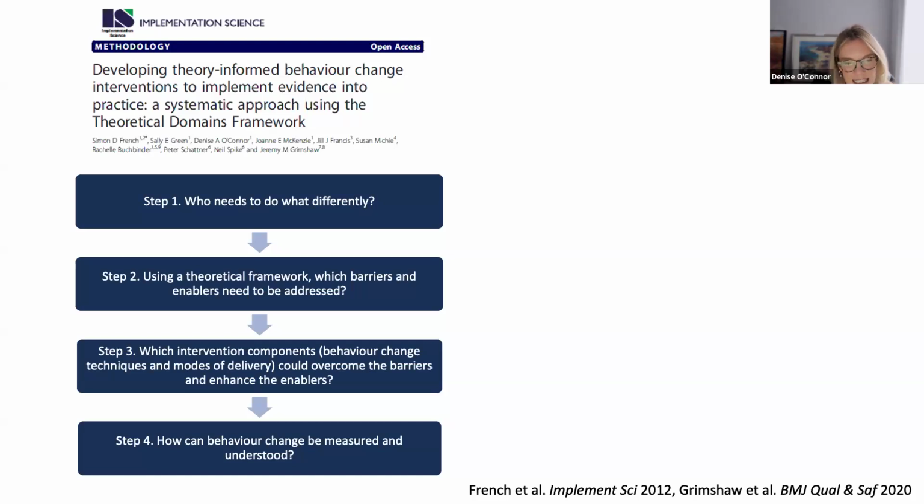Third, selecting intervention components that are most likely to overcome the identified barriers and enhance the enablers. And this could be informed by, again, relevant theory, but also that research translation or implementation science body of knowledge. And then fourth, evaluating the outcomes of these interventions along the causal pathway of change.